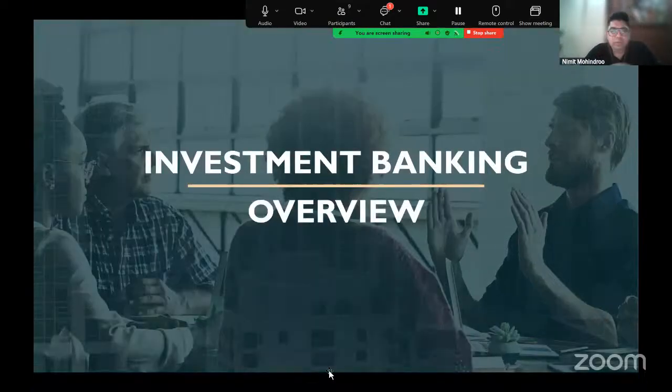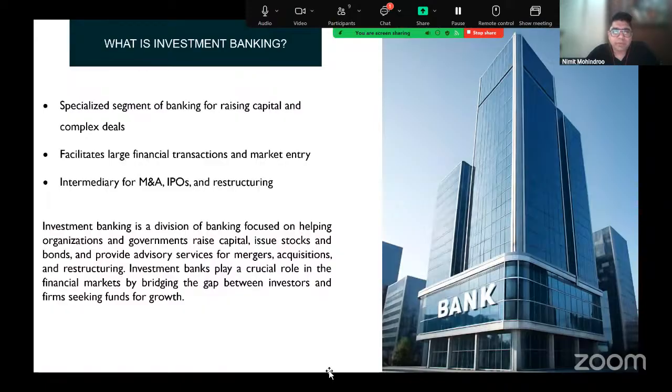So let's start with it. First, let's get to know what investment banking is. It is a specialized segment of banking only for raising capital and complex deals. It provides advisory services for mergers, acquisitions, and restructuring.